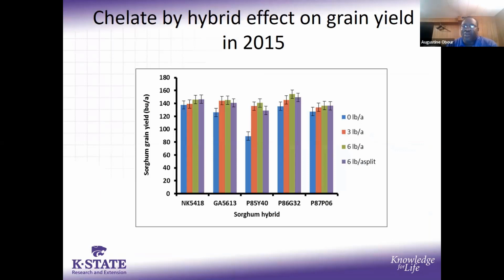This is grain yields from the same plots that we harvested in 2015. Here I'm showing the yields of the various hybrids, on the x-axis are the hybrids, and then the y-axis is the grain yields. The green bar is the control where we didn't apply any chelate. The red bar is where we applied 3 pounds of the product. And then the green bar is 6 pounds of the product per acre.